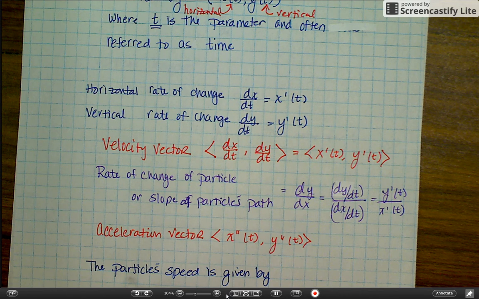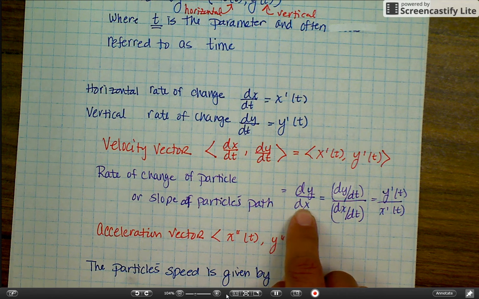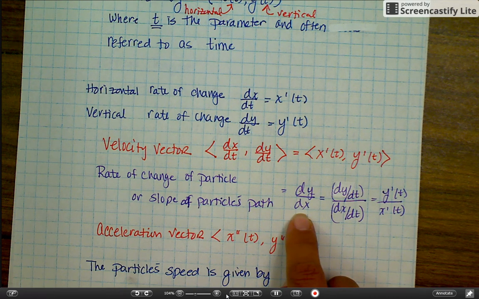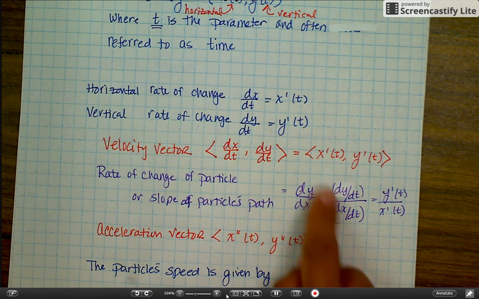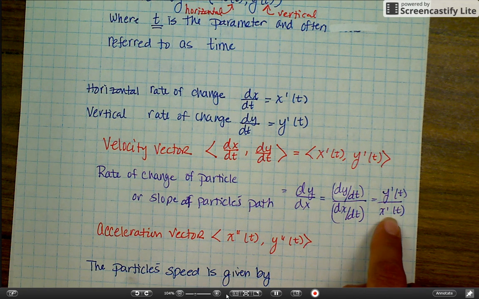So what happens when we do parametrics, we actually write it in this form. And then if you notice, when we do fractions, you multiply by the reciprocals, the dt's cancel out. That is how we end up with dy dx. Okay? So dy dx is equivalent to this, which is also equivalent to this.